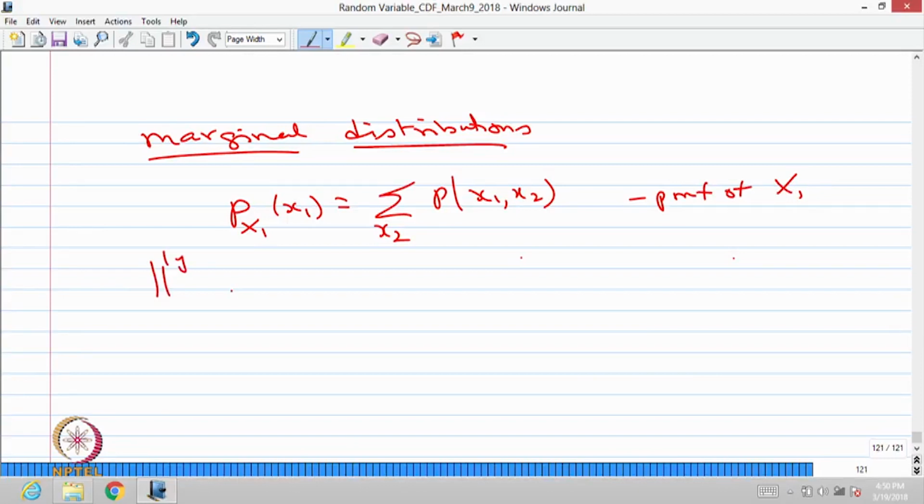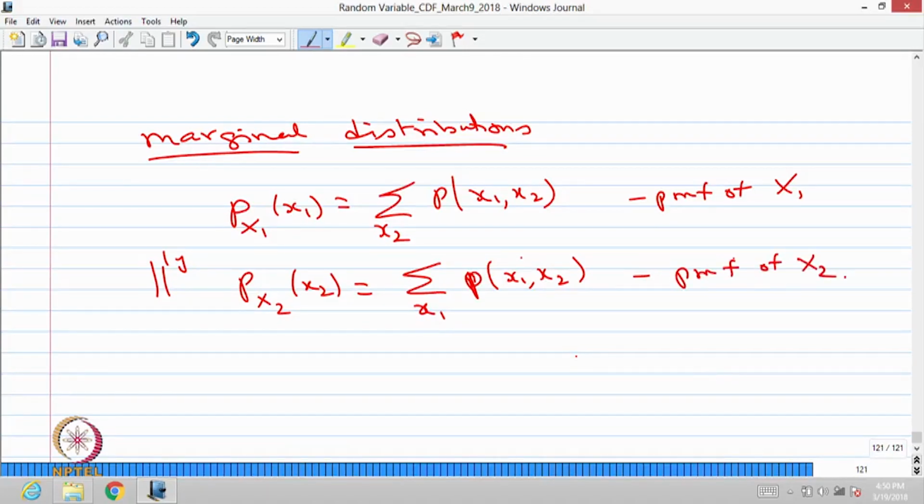Similarly, one can find the probability mass function of x2 by summing over x1 of joint probability mass function. So, this is a probability mass function of x2.